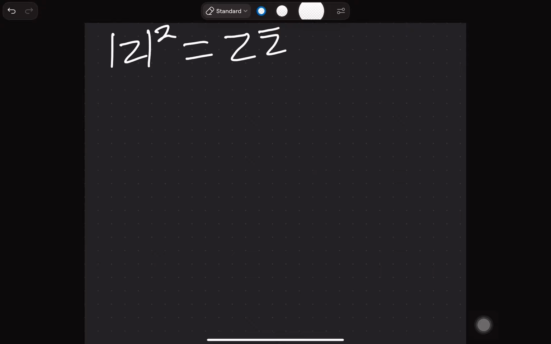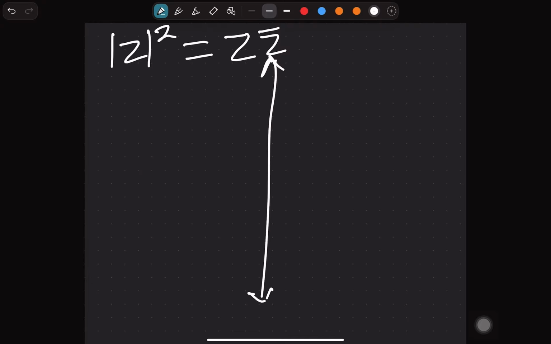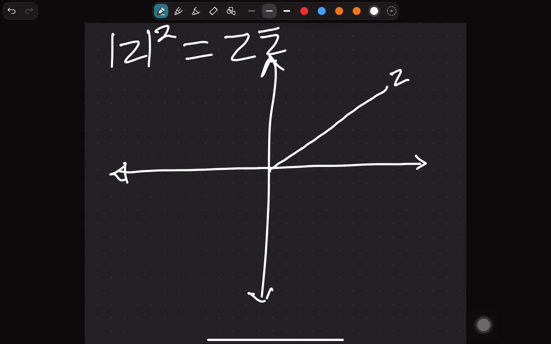And also, let's go back to the complex representation where we had this and that. So z is here, theta is here, r is here.